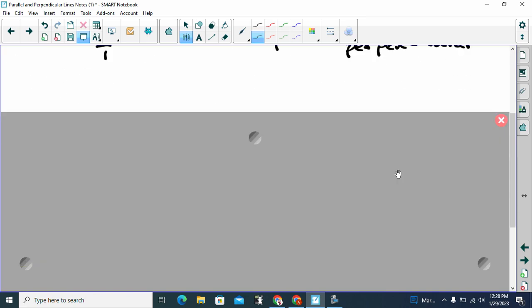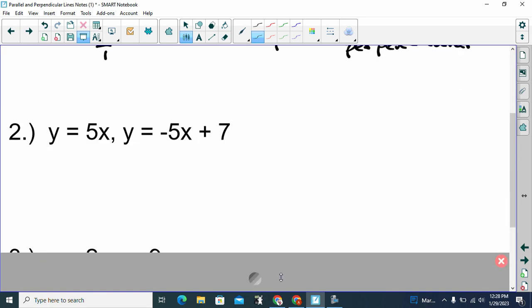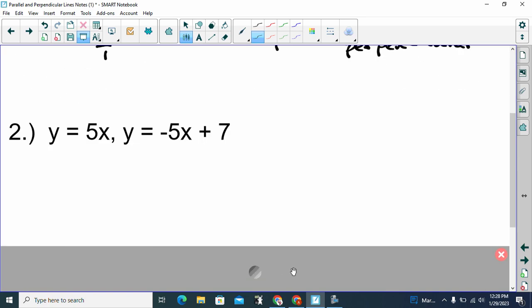Number 2, same directions. Parallel lines, perpendicular lines, or neither one. Y equals 5x. Remember, slope is 5. Y equals negative 5x plus 7.